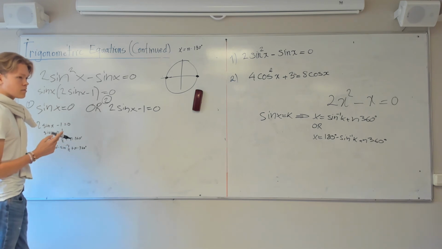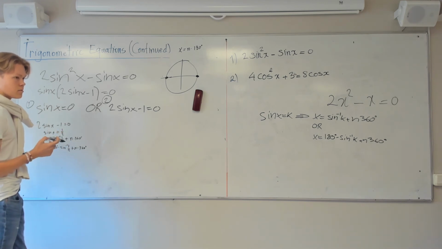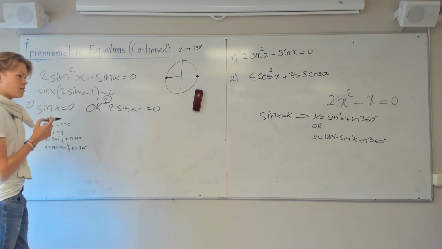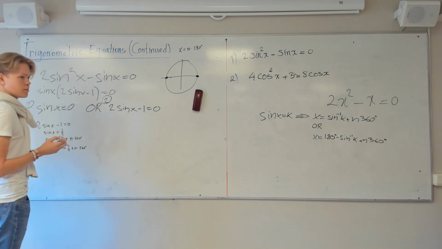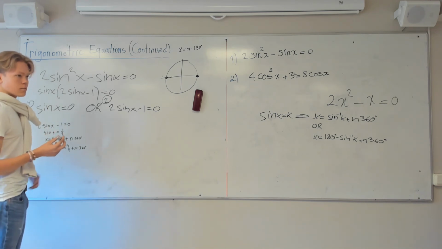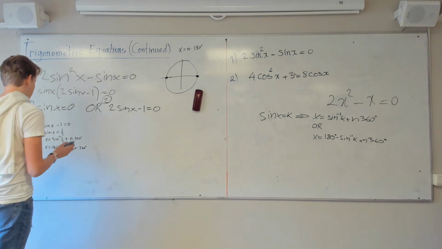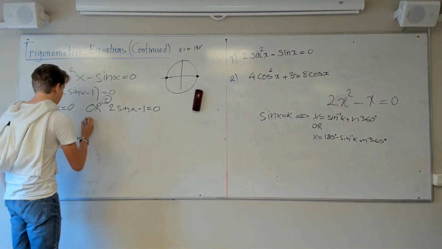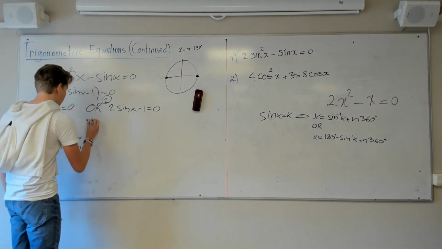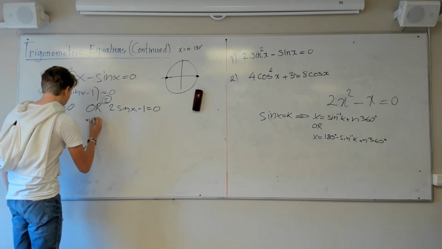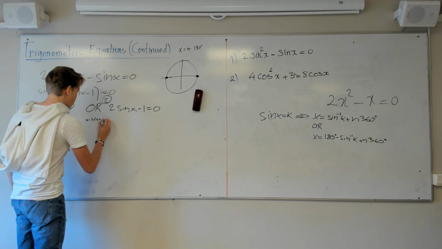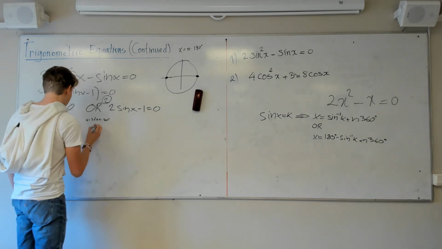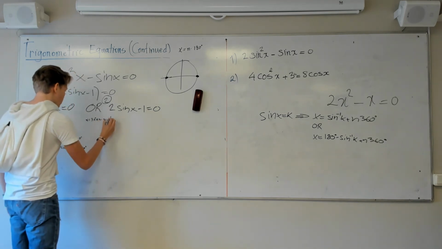Either you can use your calculator or you can refer to the table. Sine inverse of 1/2, if you check the table, is 30 degrees. Just put them there. Then we get x is equal to 30 degrees plus n times 360 degrees. Put them in a box, so that is one possibility.